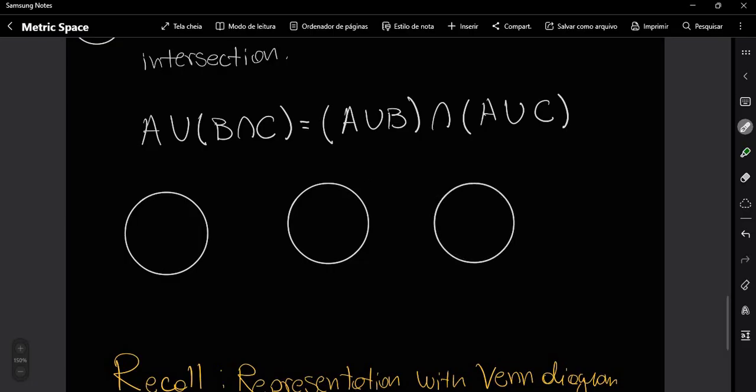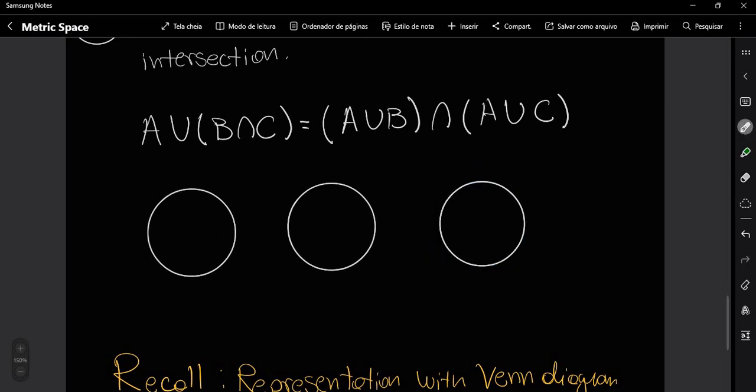So okay, these are three sets, and what is easy to do first? Okay, B in an intersection with the set C. So this is easy for us to do.